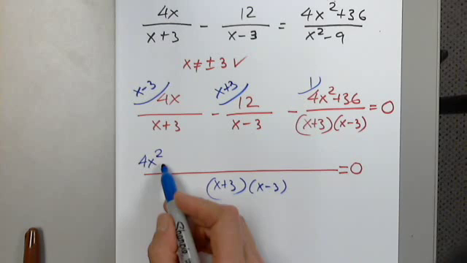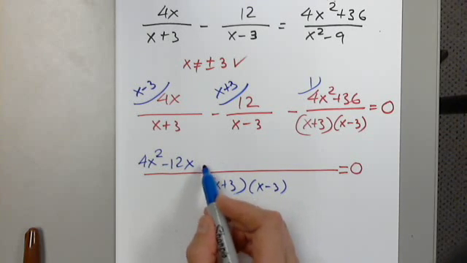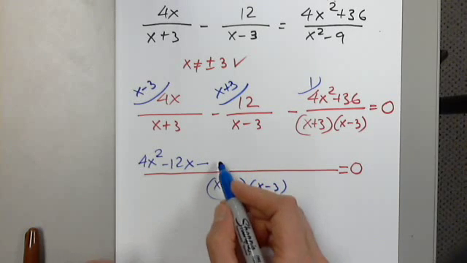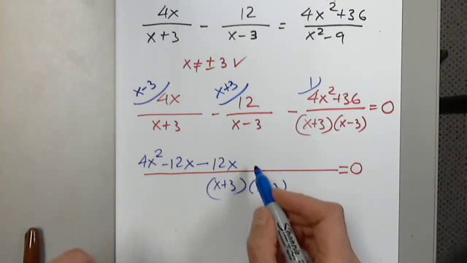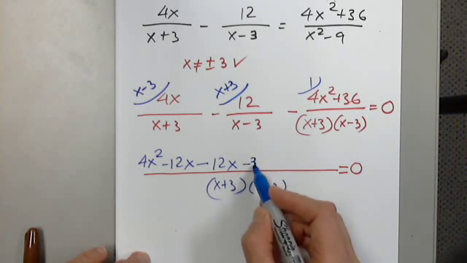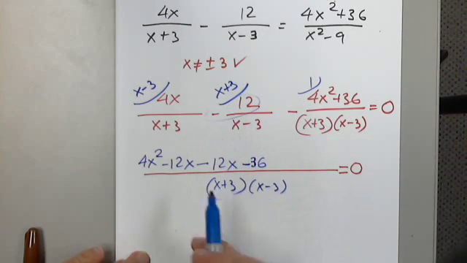Very good. Minus 12x. I didn't hear the sign, so that's why I stopped. Without a sign, I cannot write. Very good. Minus. Good. Say it again. Good. I have to distribute to both terms. I'm distributing negative 12 to both terms.